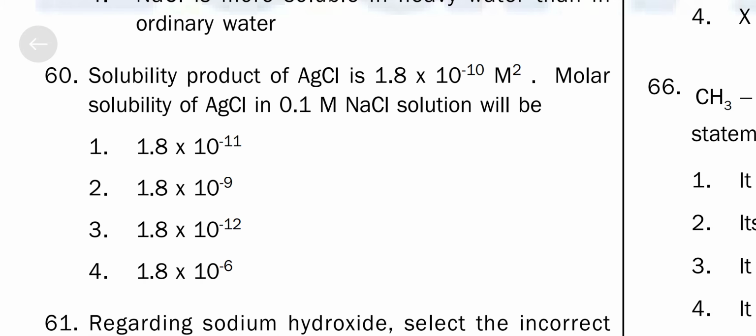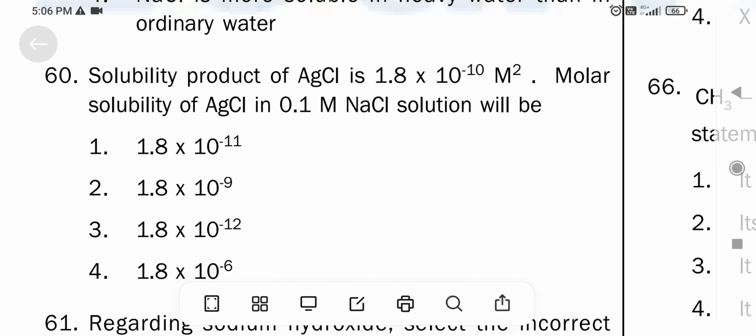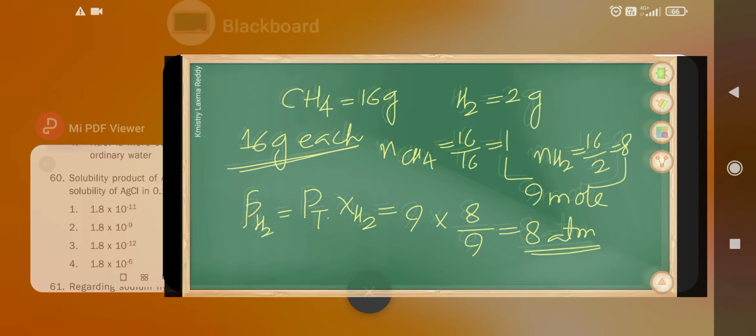Solubility product of AgCl is 1.8 10 to the power of minus 10 mole square, you can say, or molarity square. Molar solubility of AgCl in 0.1 M NaCl is. Here what you need to notice is NaCl contains Cl minus, AgCl contains Cl minus, so Cl minus is a common ion here; that common ion point you need to notice. For AgCl, solubility product is given 1.8 10 to the power of minus 10, so it should be like this.